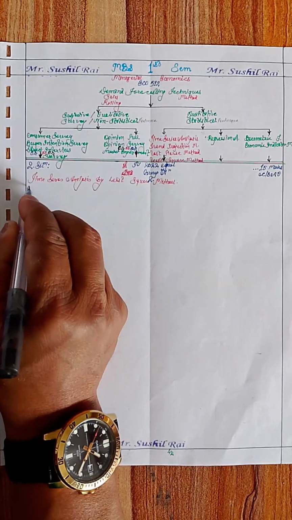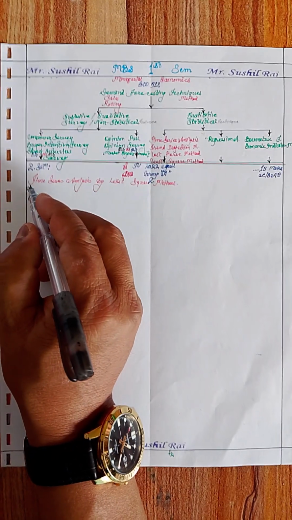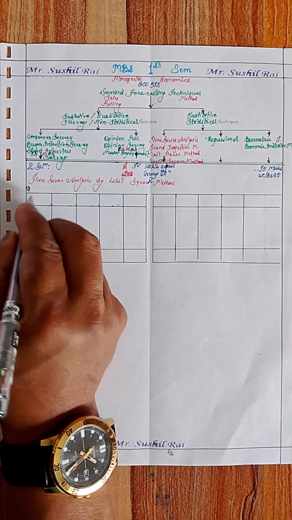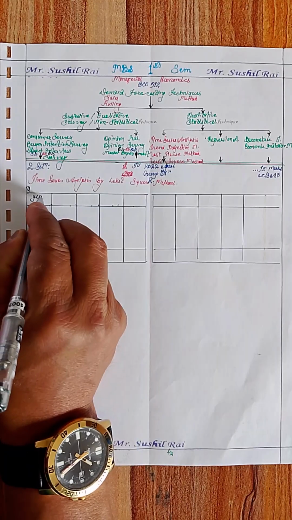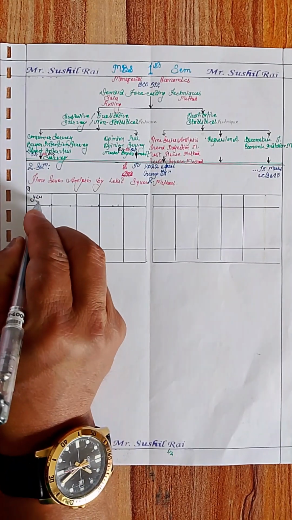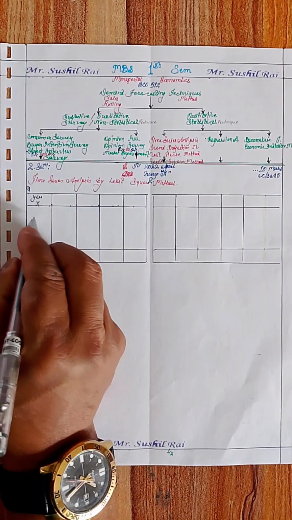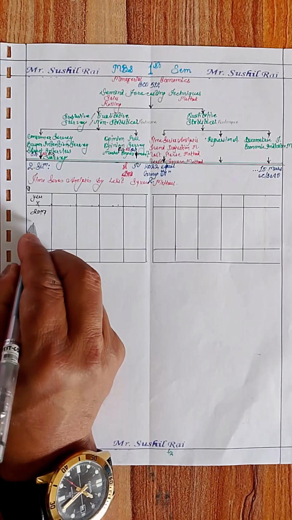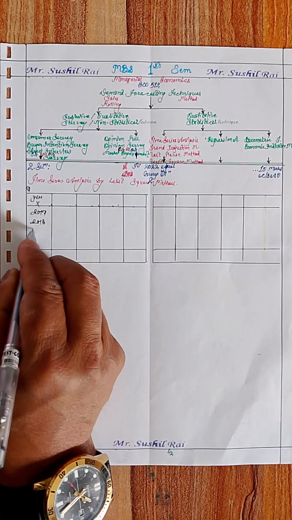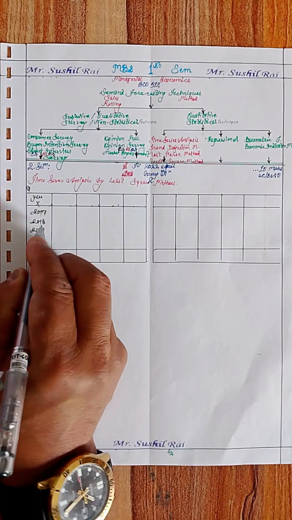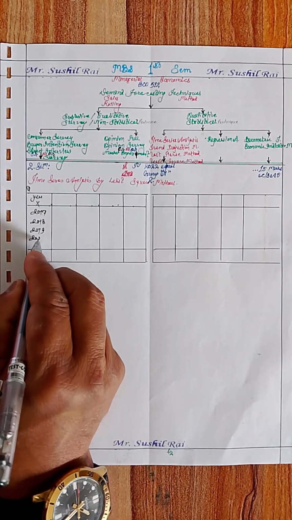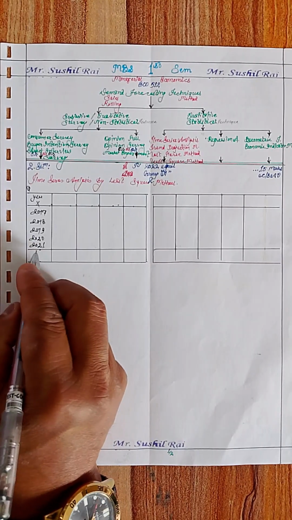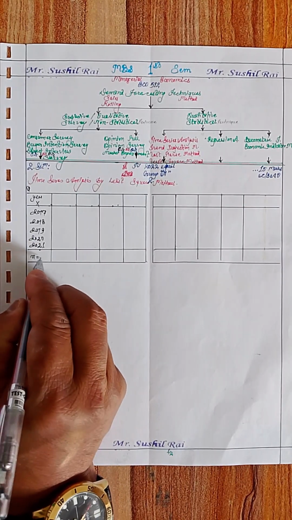A. Year X: 2017, 2018, 2019, 2020, 2021. n is equal to 5.